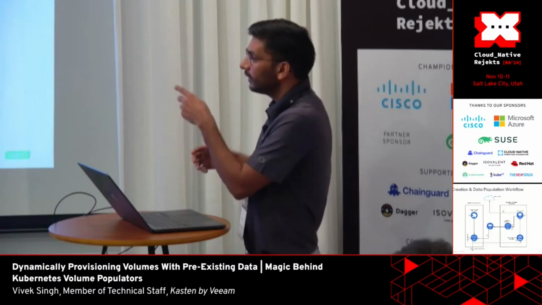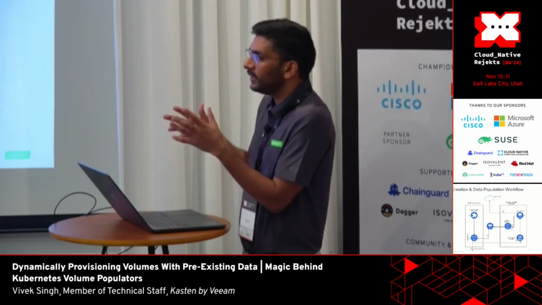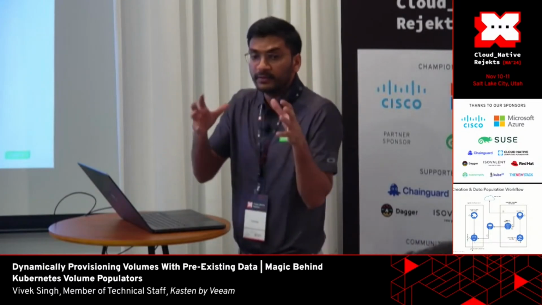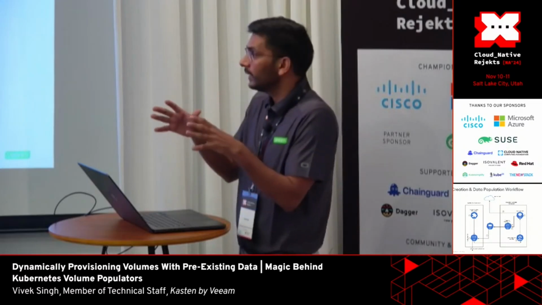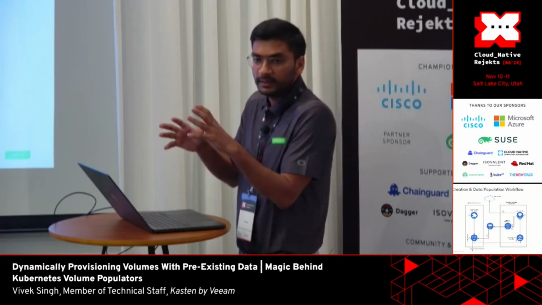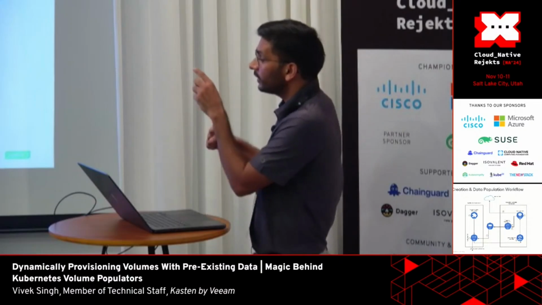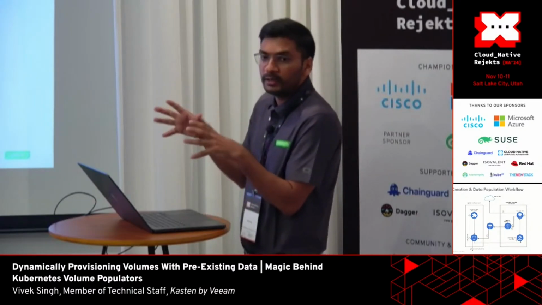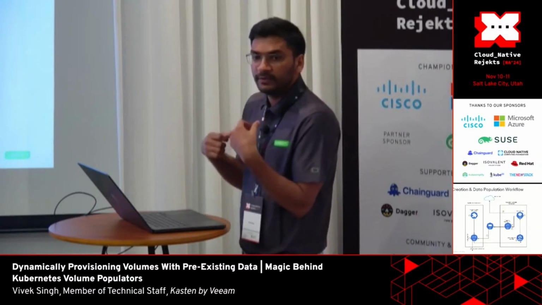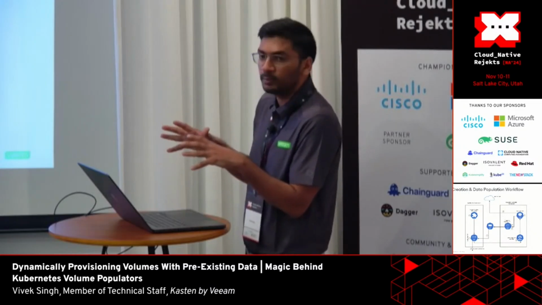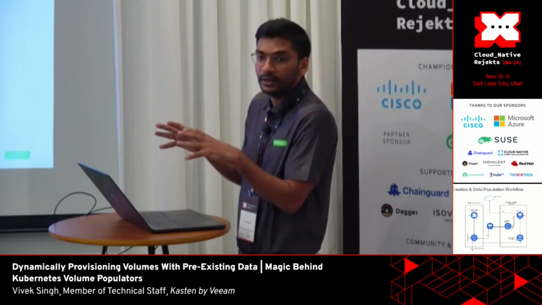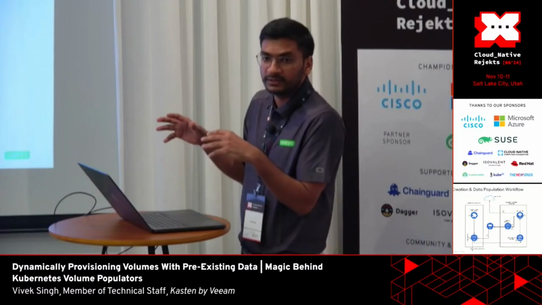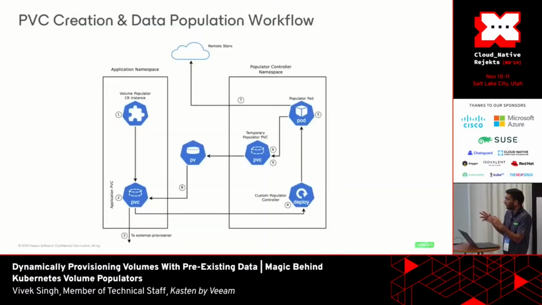And obviously, when the data is written to a PVC, it in a way means that the data is now persisted into a backend volume, into a PV, right? And the code that runs on the populator pod is the code that we have to write. We don't have to be worried about anything at all in this entire architecture, I would say. And I think that is the most important part here.